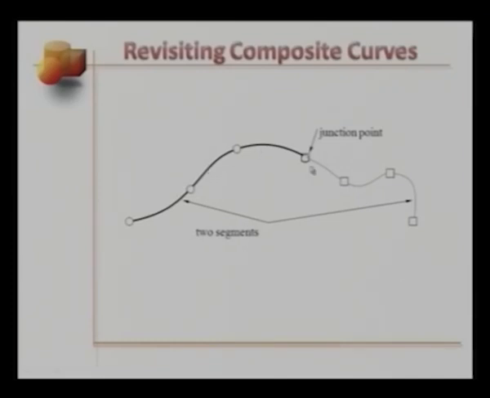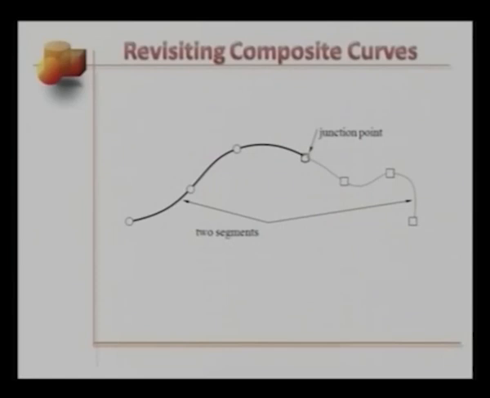These two segments are joined together or arranged contiguously or juxtaposed together at this junction point. So this point is common between these two segments. When I say so, I have inherently imposed position continuity.